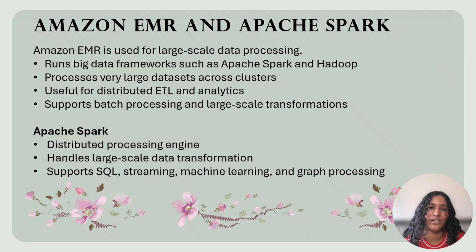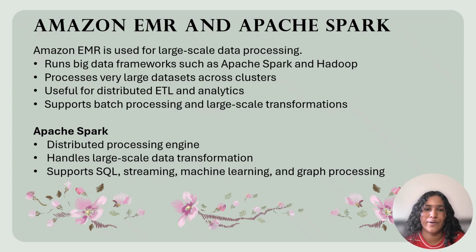Now is the Amazon EMR. Amazon EMR, which stands for Elastic MapReduce, is a cloud-based service provided by AWS for processing massive amounts of data. It allows organizations to run big data frameworks such as Apache Spark and Apache Hadoop without having to manage the underlying infrastructure themselves.